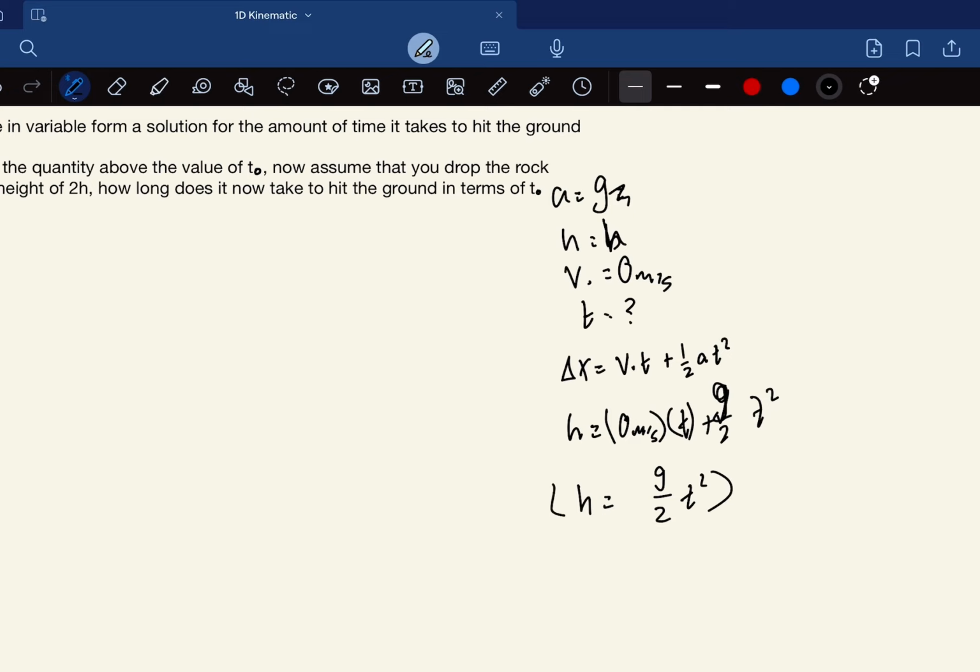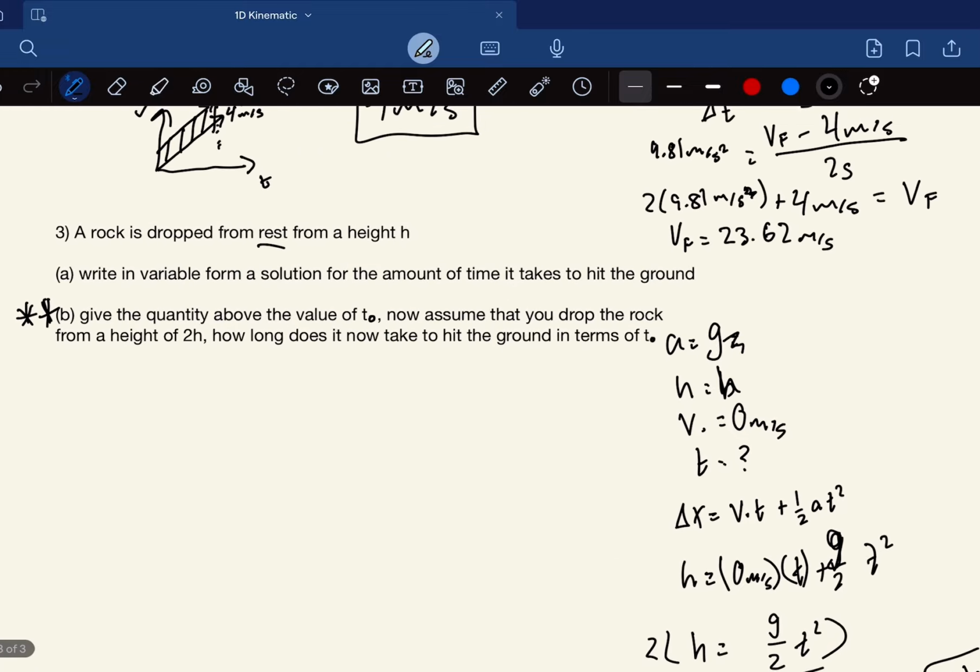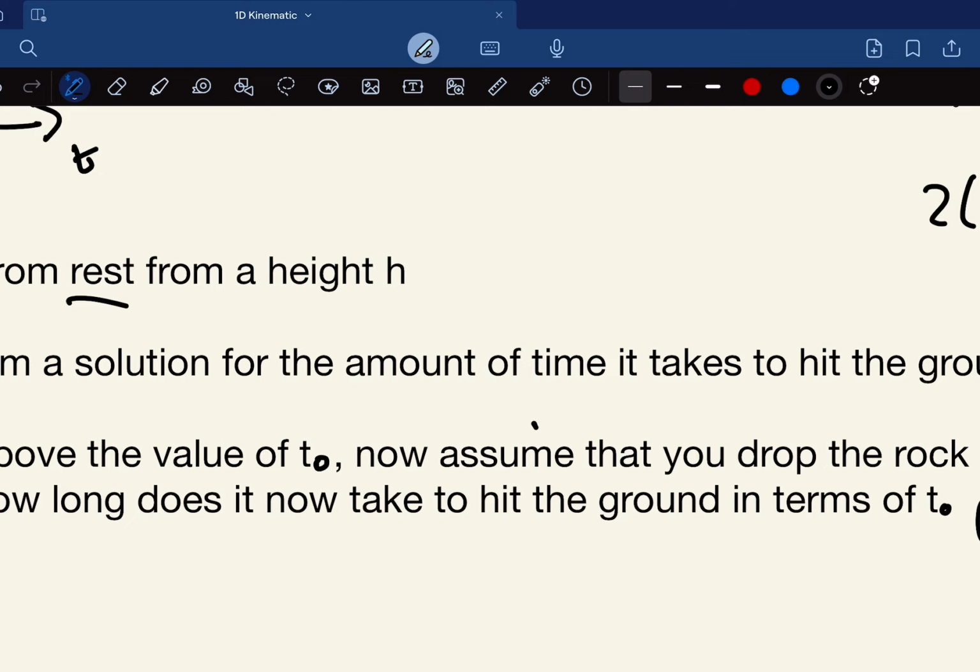We multiply both sides by 2, and then divide by g, and we get 2h over g equals t squared. Then we take the square root and get t equals, let's name this t naught for the next problem, t naught equals radical 2h over g. So this is our answer. T naught equals radical 2h over g.